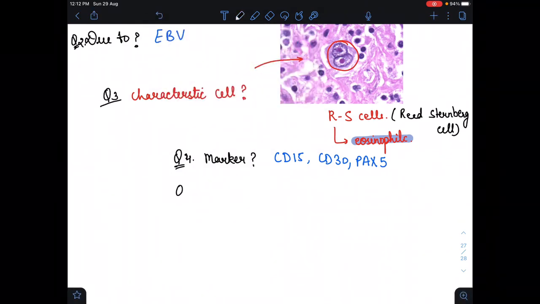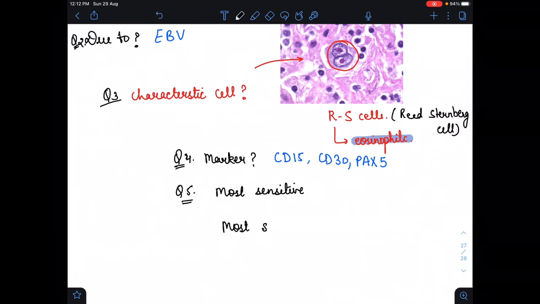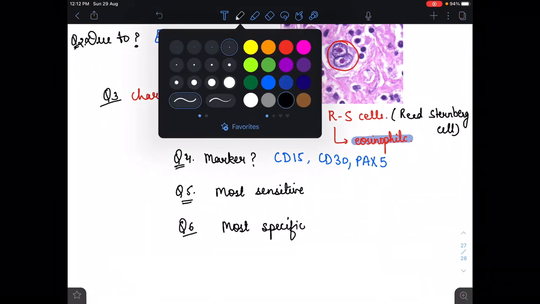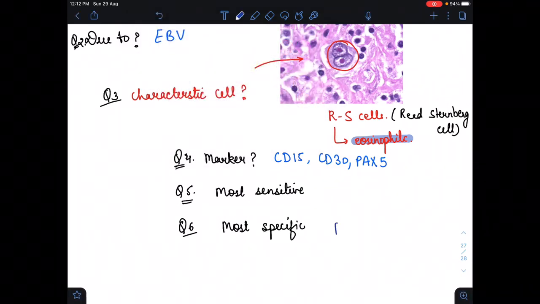My next question, number five, is what is the most sensitive marker, and what is the most specific marker? The most specific marker is PAX5. Please remember it. PAX5 is most specific and CD30 is the most sensitive marker for Hodgkin lymphoma.